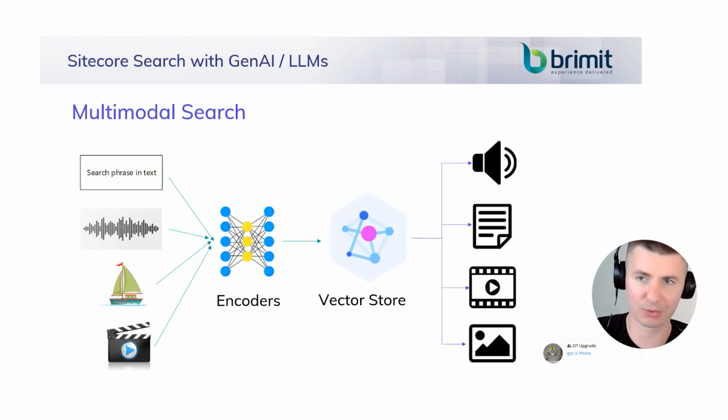So the user's question to the search engine does not need to be in the form of text. It actually can be an image or an audio file. In the same way, we can retrieve any format of data in search results.